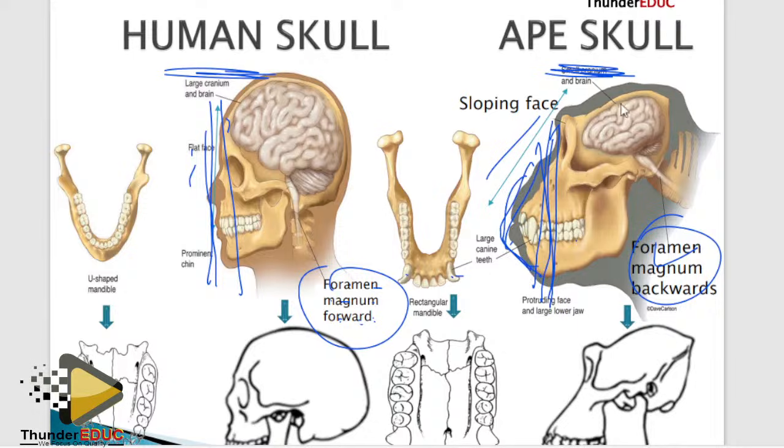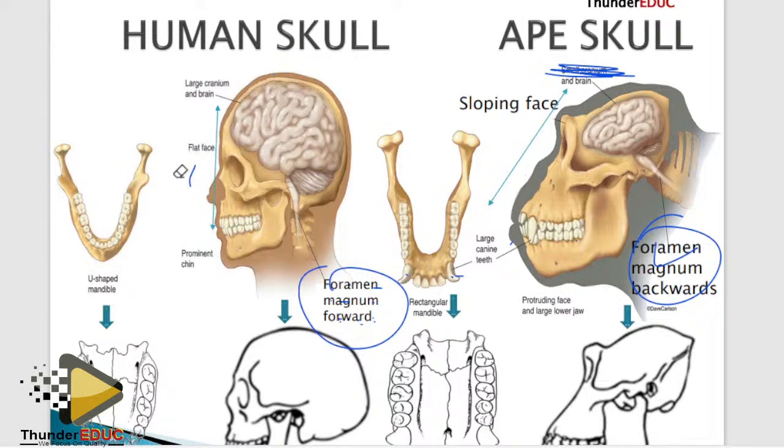Check this black color, it shows you exactly what happens: it protrudes out. And then this is what we call the brow ridge. Here the brow ridge is pronounced, while in humans the brow ridge is not pronounced.